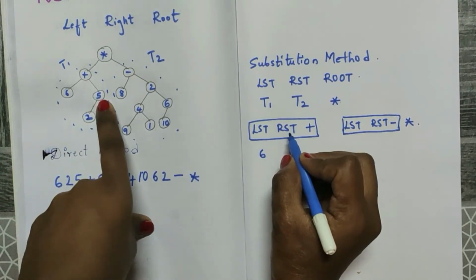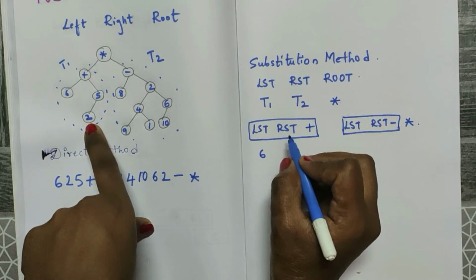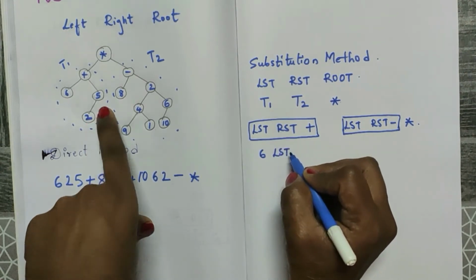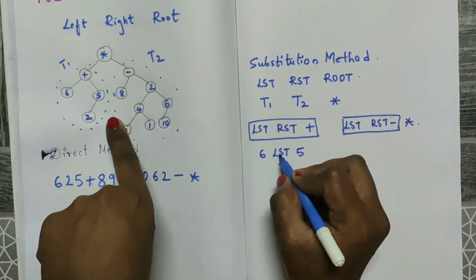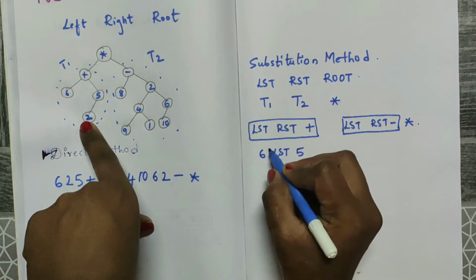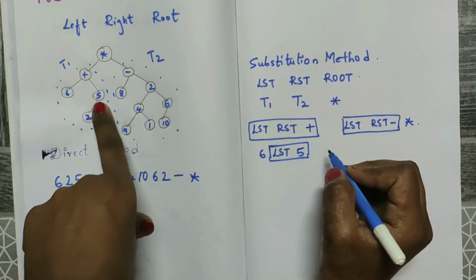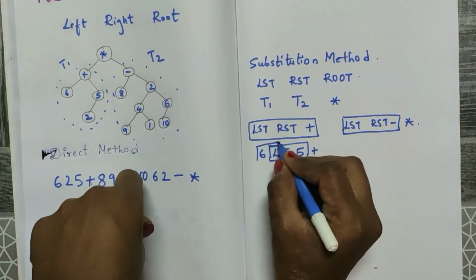RST is 5, but before writing 5, you will see there is another child, that is 2. So this is LST. 5 means this 5 has a left subtree. So I'll put it in a box, and then your root. So this will be in another box.